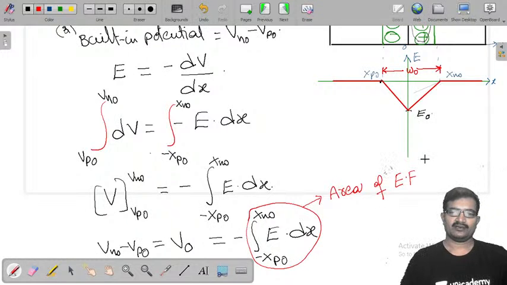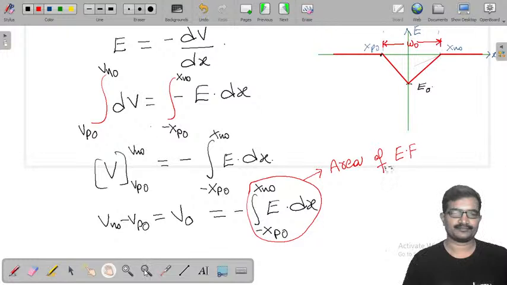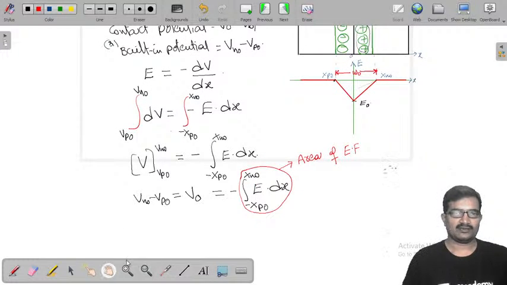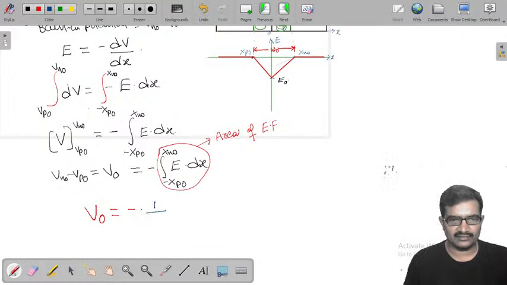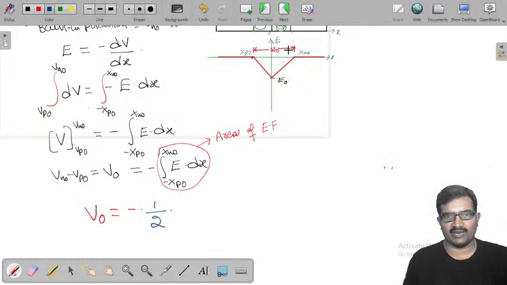So from minus xp0 to xn0, I am going to write that equation. Now V0 is minus the area, and the area of the triangle is half into base W0 into height E0.